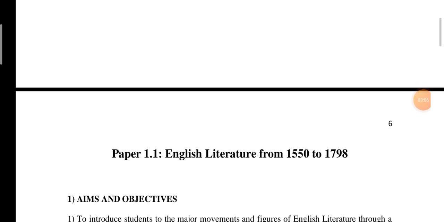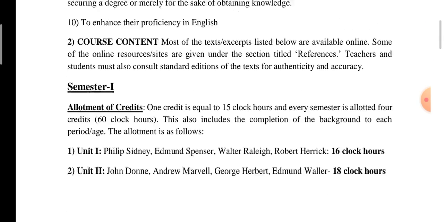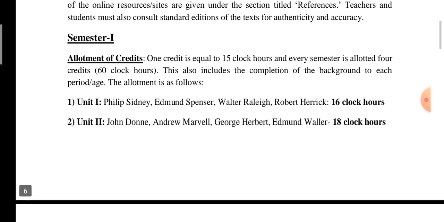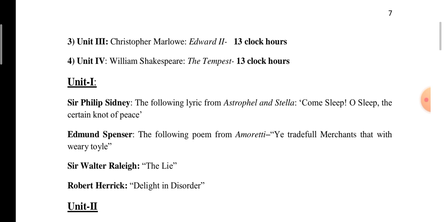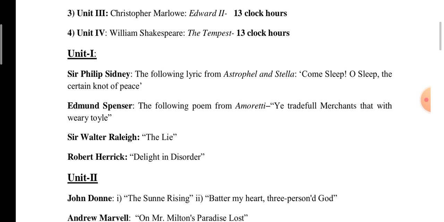So we are going to see the syllabus of semester first, MA Part First English. The first paper is 1.1, English literature from 1550 to 1798. There are 4 units in paper 1.1.